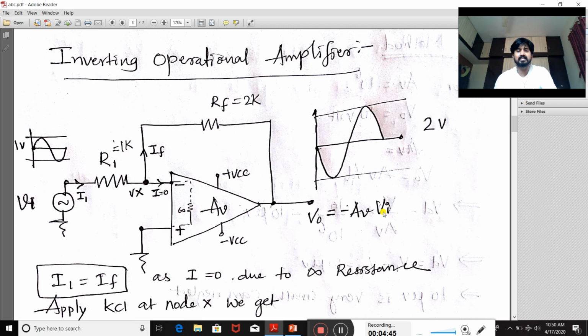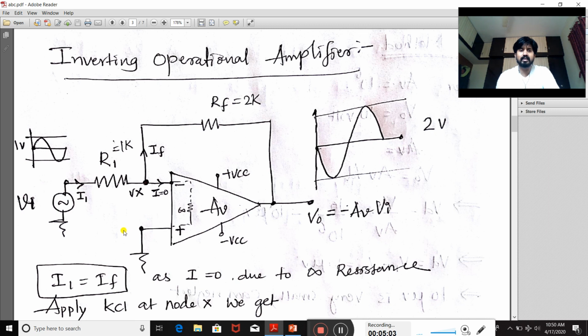Now let's see how the circuit works exactly. As we know the virtual ground concept, here the positive terminal is grounded. As the positive terminal is grounded, that means the potential of this terminal is 0.